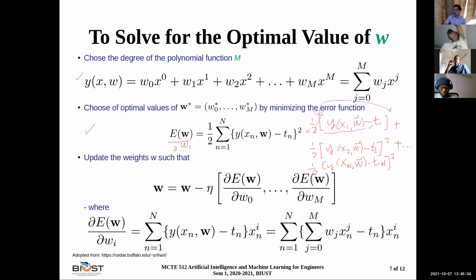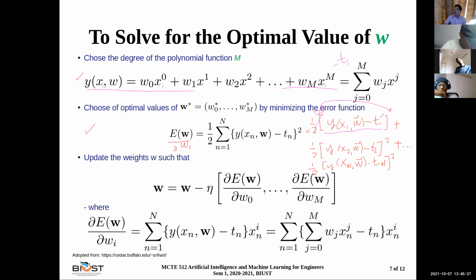Then this whole term stays, and then the derivative of what's inside. What is inside is W1 x, this whole thing, in terms of x1, because this is the first data point, x1, minus t1.